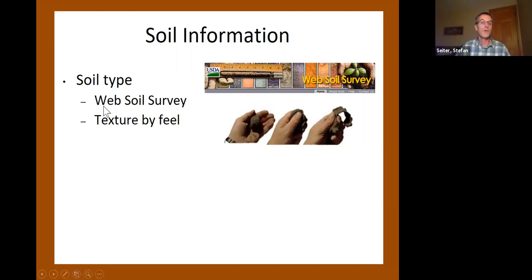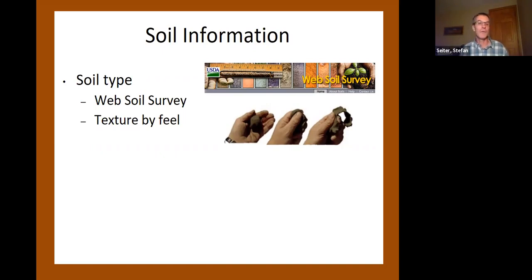So you can go to the Web Soil Survey and quickly type in the address of where that soil is being sampled, or that field that's in question, or that garden plot. And you can very quickly find what kind of texture that soil is if they don't know the texture.